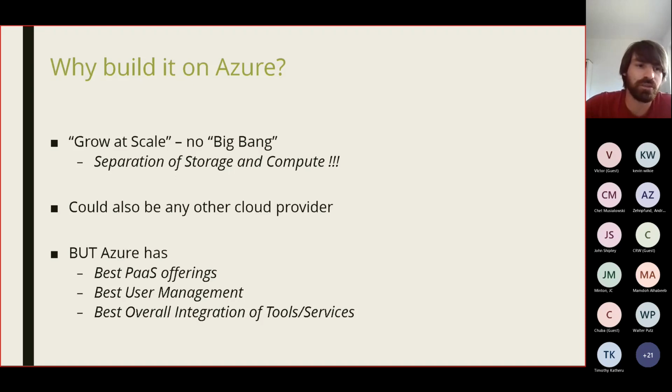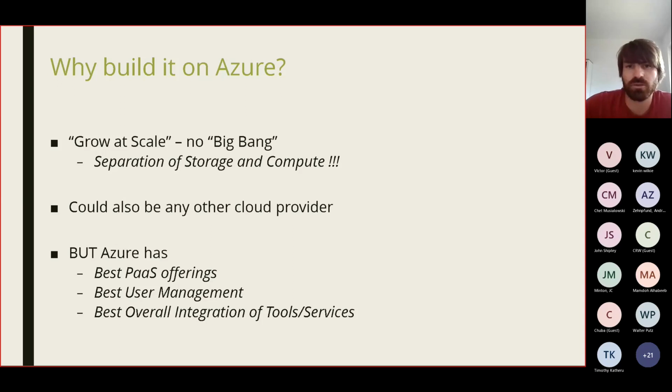But if your storage was growing, you always had to extend your cluster, and that was again a very resource-intensive operation. In the cloud, that's much easier because we can simply separate storage and compute.